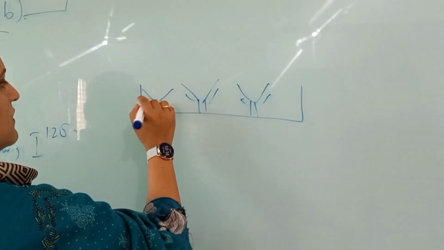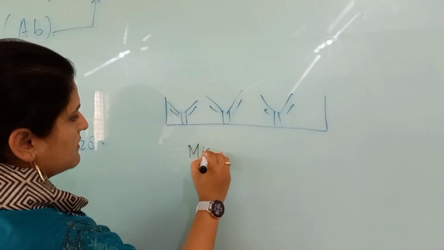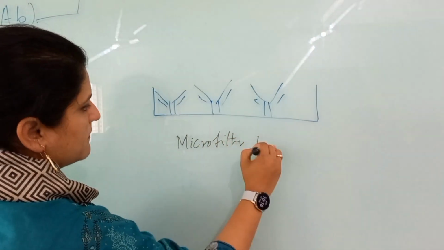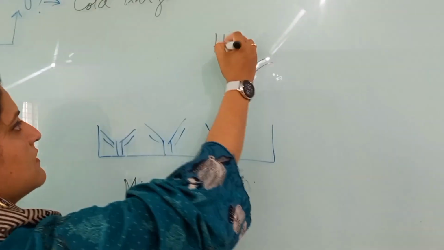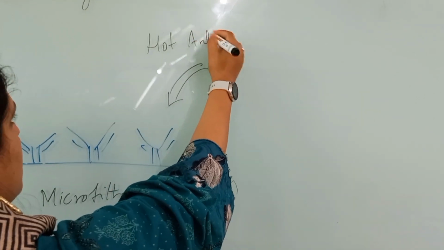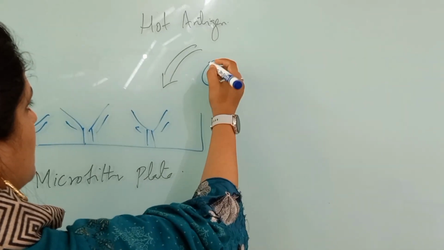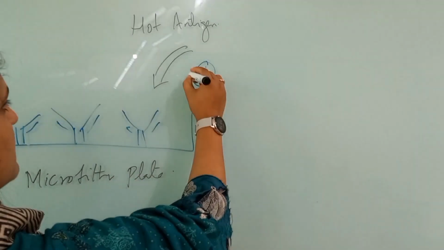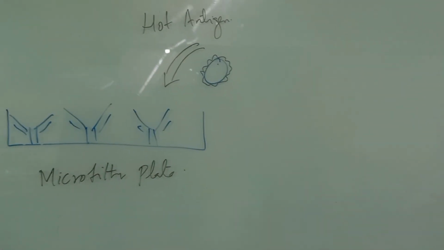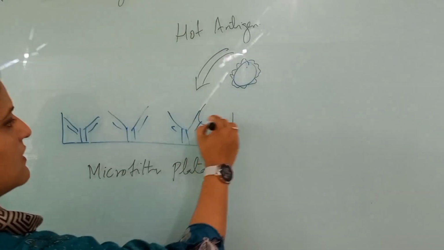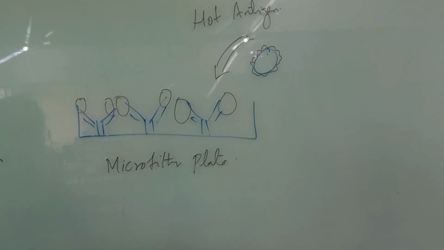So what happens to the microtiter plate? First of all, we add hot antigens. Hot antigens, as we know, are coated with radioactive material. As this antigen is complementary to this antibody, these antigens will bind over the available pockets of the antibodies.